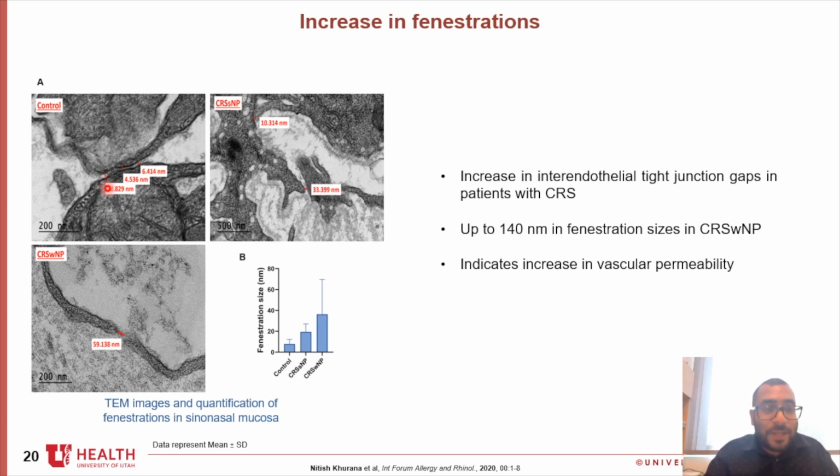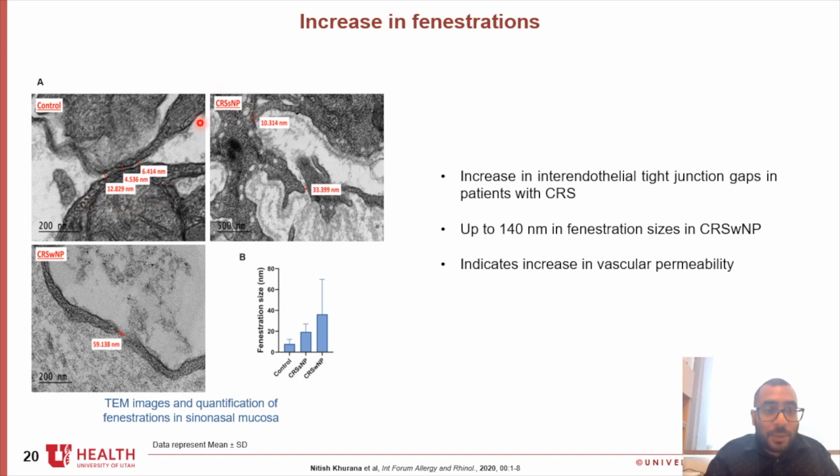So this is an actual example from sinonasal tissue collected from a healthy patient and a patient who was suffering from CRS. So a healthy patient, also known as a control, is this patient, and you can see that the tight junction gaps or the fenestrations in this patient go up to 12 nanometers.